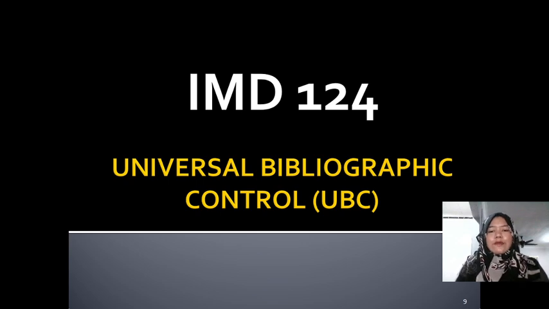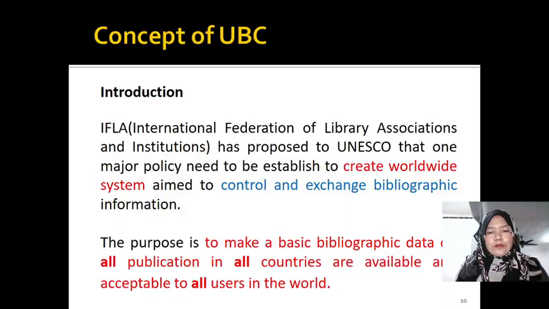So now we move on to the Universal Bibliographic Control. What is it? IFLA, the International Federation of Library Associations and Institutions, has proposed to UNESCO that one major policy needs to be established to create a worldwide system aimed at controlling and exchanging bibliographic information. So the purpose is to make basic bibliographic data on all publications in all countries available and acceptable to all users in the world.